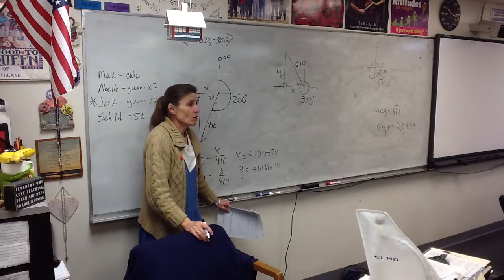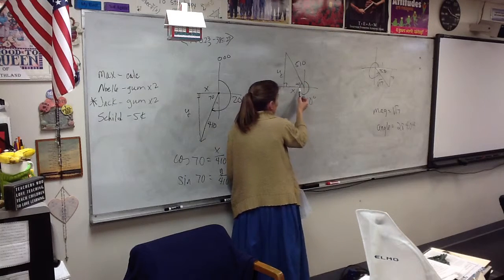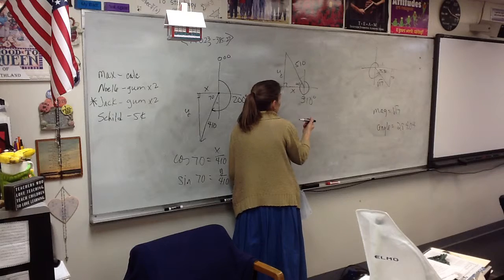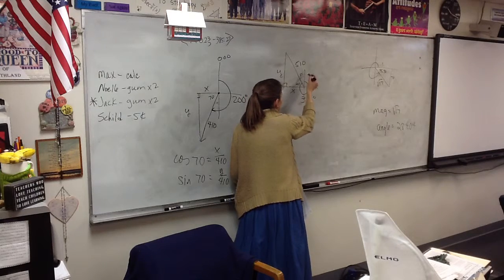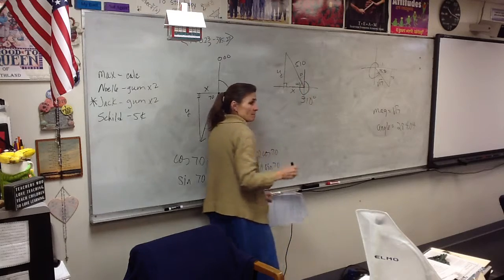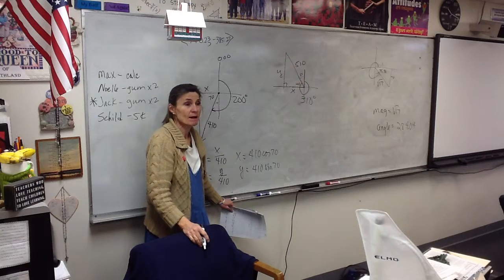Little problem solving going on, kids. If this all the way around here is 310, how much is this leftover part? 50. How much is the whole quadrant? 90. So if that's 50, that's got to be 40. Yeah. That's one way to think about it. There's other ways to get it, but somehow you have to get that.